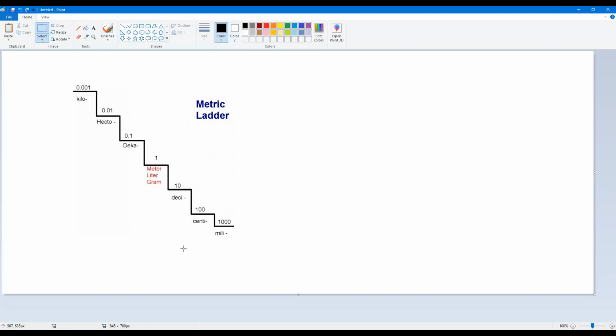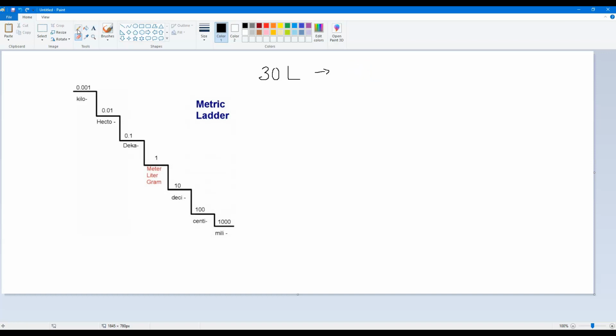So let's say that you were converting 30 liters and you wanted to change it to milliliters.